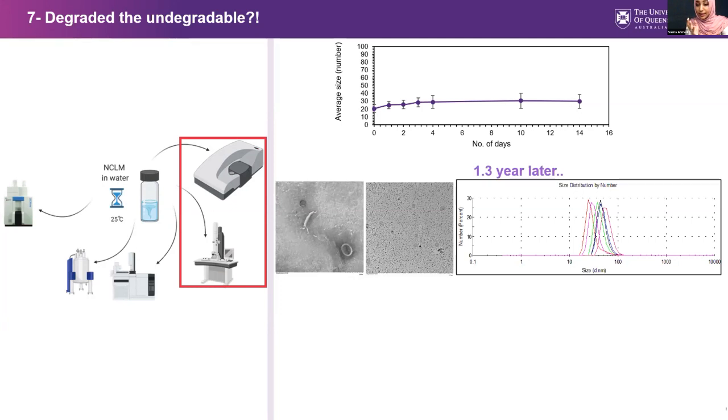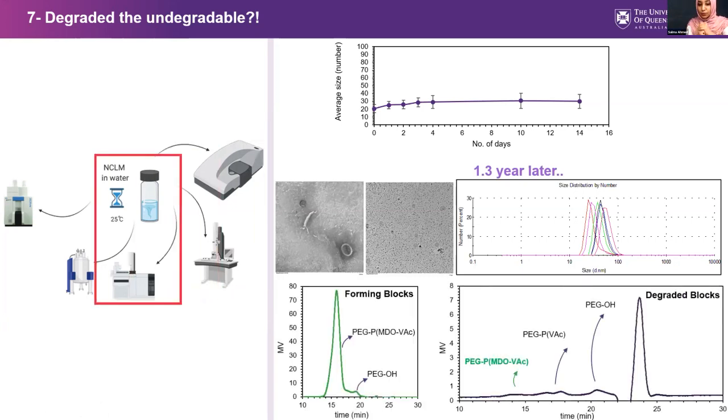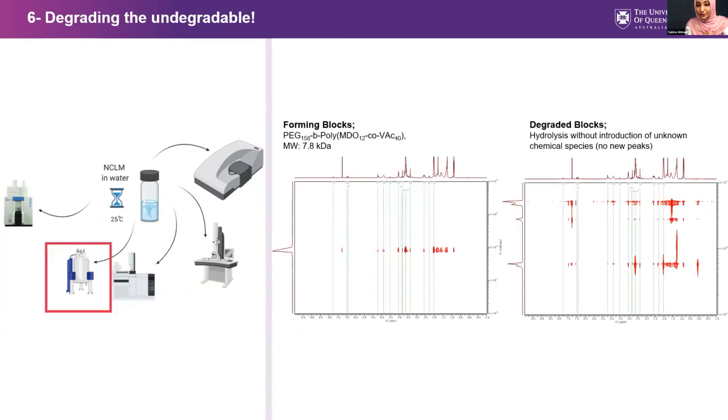And in order to make sure that this is what's happening, and to know the fate of the polymer that we started with, we tested this by GPC. After more than 1 year, we found that most of the forming blocks have degraded into smaller units. To confirm this further, we did an NMR test of the polymer.